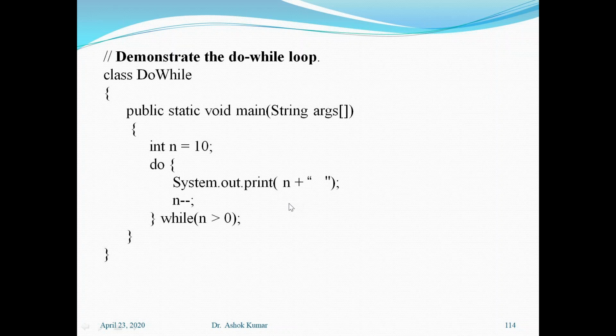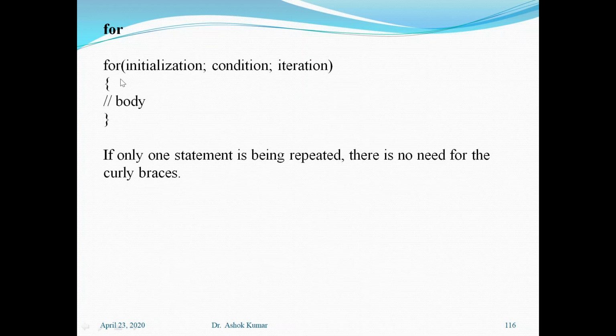There is another loop, that is the for loop. In this loop, again we have three expressions within the parentheses after the for keyword.